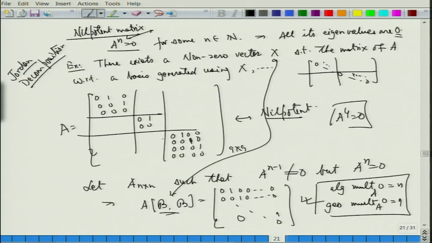In this example, if I am looking at this A, then the algebraic multiplicity of 0 as an eigenvalue of A is 9, because it is a 9 cross 9 matrix with zeros on the diagonal, it is an upper triangular matrix. But the geometric multiplicity here is 3, 1 coming from here, 1 from here, 1 from here.